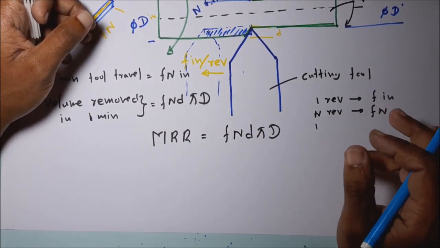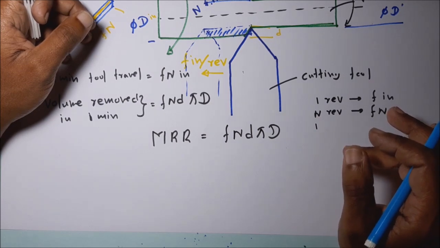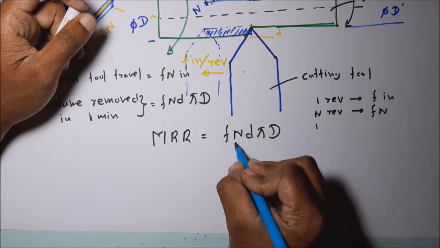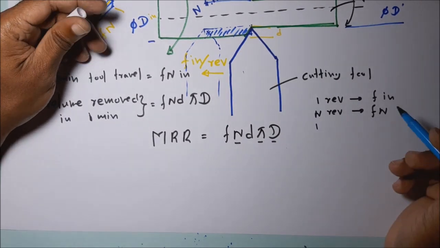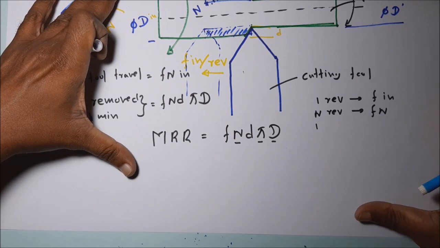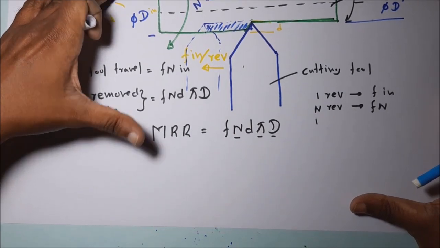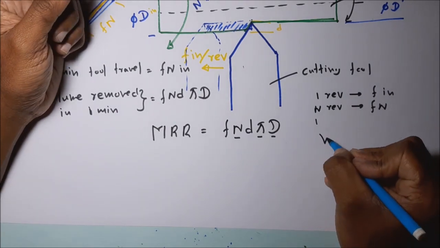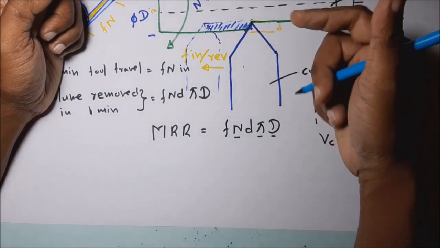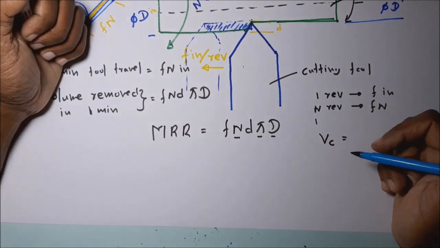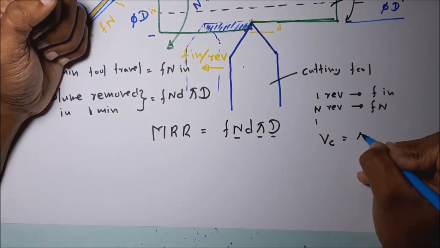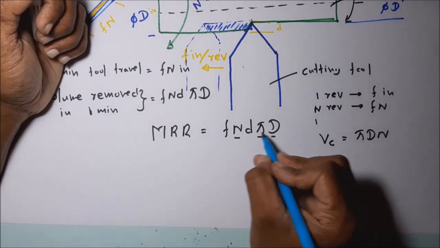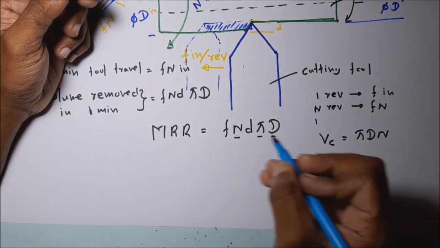Then what is meant by this multiplication of these three terms, N pi D? In the previous lectures we discussed that the multiplication of these three terms is equal to the cutting velocity, no? That means the surface velocity of this shaft is the cutting velocity, pi D N. So instead of this multiplication of these three terms, we can put the Vc.